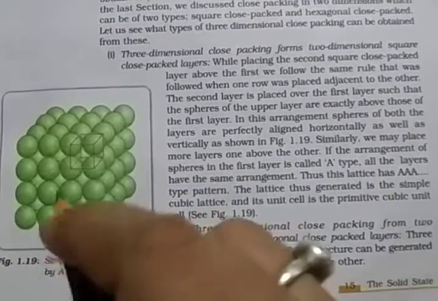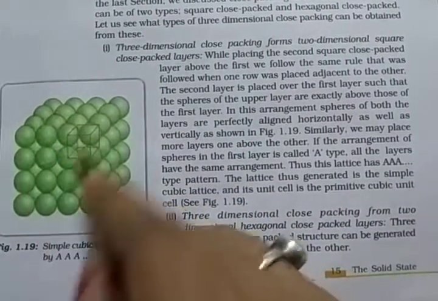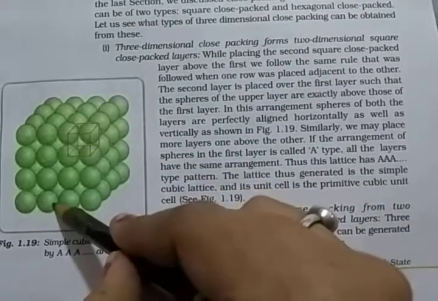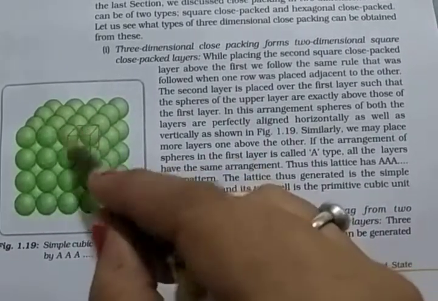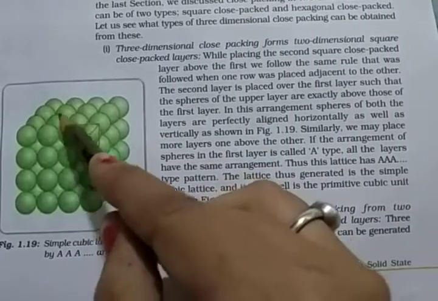Okay, so here you see, this is the first layer. While placing the second square close packed layer above the first, this is the second layer.